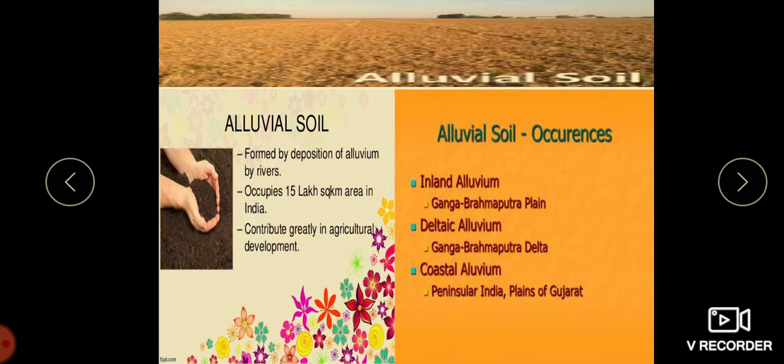Alluvial soil consists of silt, sand, clay, and often contains a good deal of organic matter.